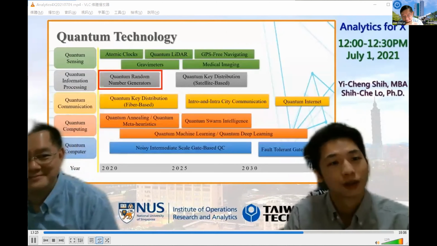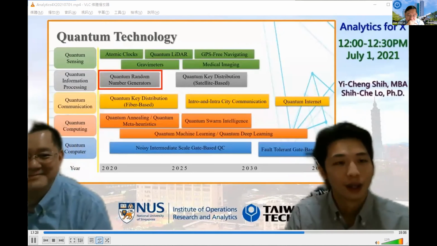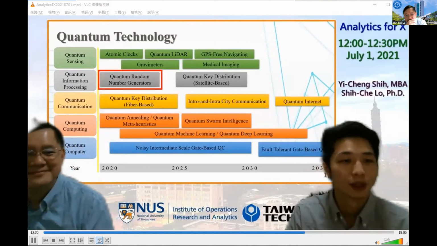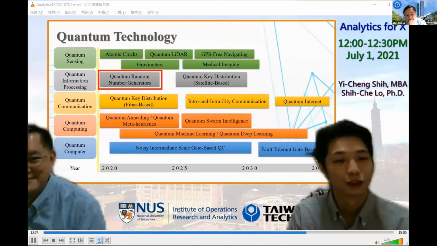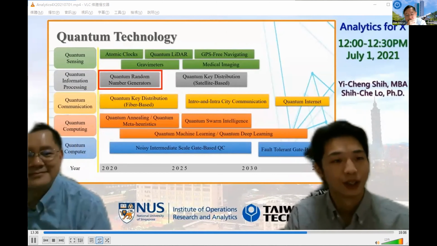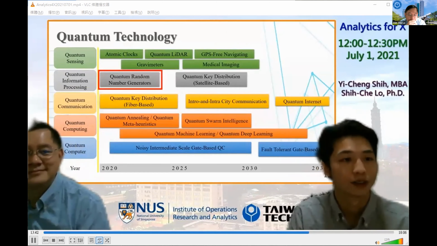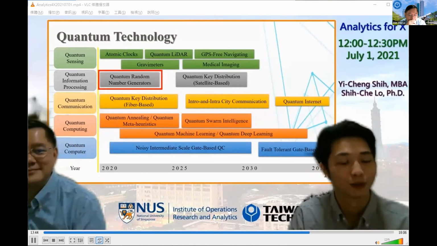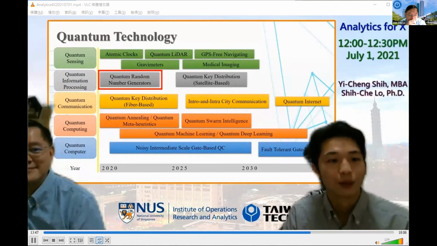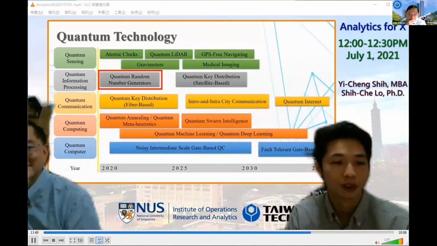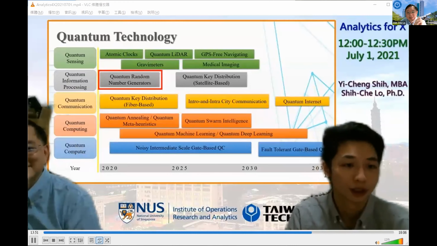And this is a quantum technology timeline. With the development of quantum mechanics research in recent years, quantum technology has been applied in several fields like quantum sensing, quantum information processing, quantum communication, quantum computing, and quantum computer.